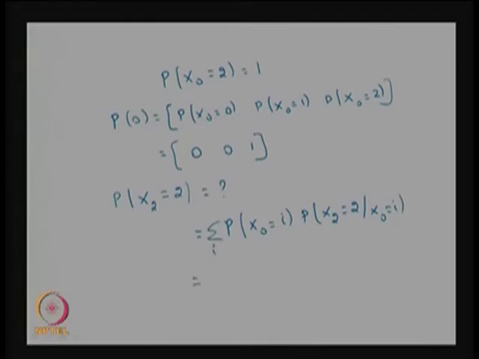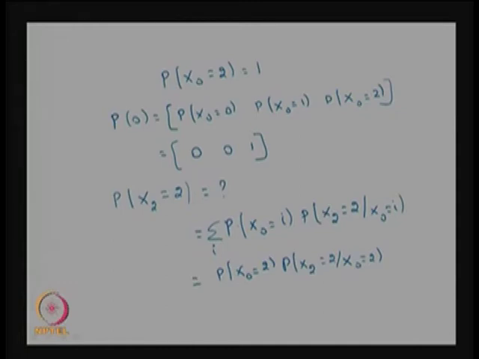Since the initial probability vector is going to be 0, 0, 1, this lands up as the probability that X_0 is equal to 2, multiplied by the probability that X_2 is equal to 2 given that X_0 is equal to 2, and all other probabilities are 0. Therefore, 0 into anything is going to be 0.